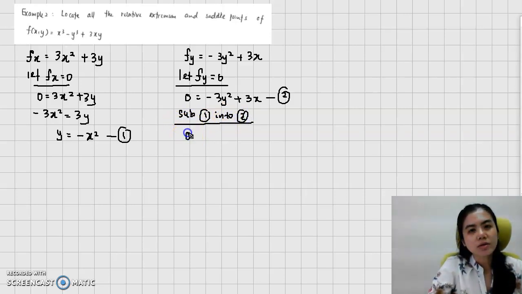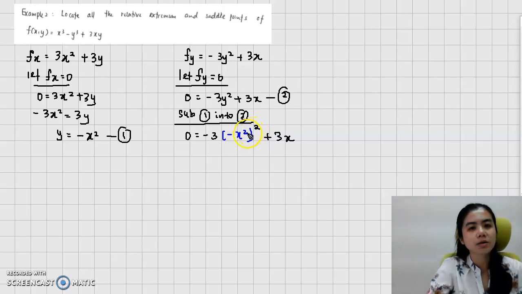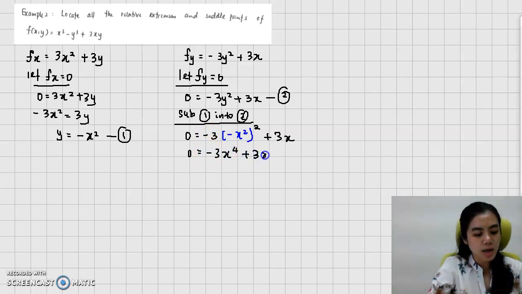So you have 0 equals minus 3, and your y here is minus x squared, and then you have y squared, so we have a square here again, plus 3x. Let's simplify it. You square the minus, it becomes positive. x squared, square it again, so you have x to the power 4. So you have negative 3x to the power of 4 plus 3x.